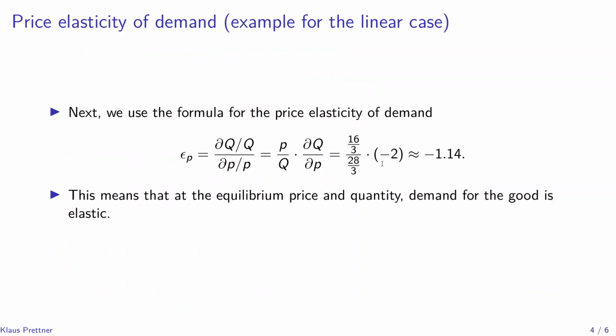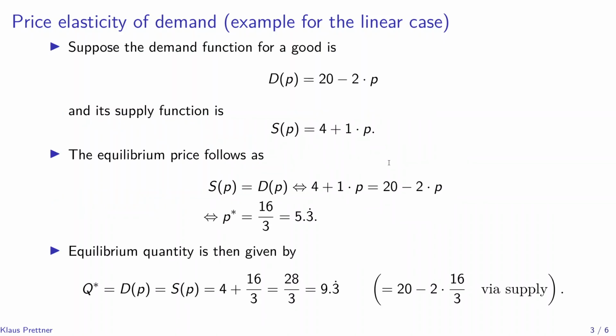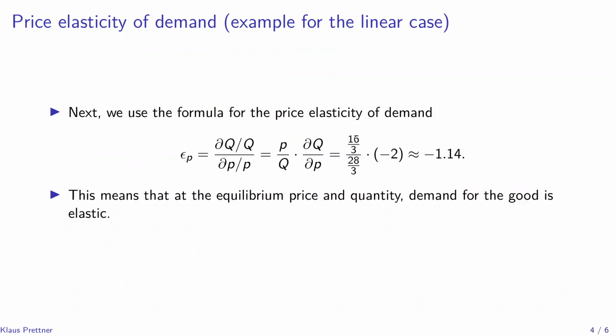And then we know the demand function itself. That was this expression. So if we take the derivative of quantity, the left-hand side, with respect to the price, we get minus 2. So we have minus 2 here. And if we multiply all these out, we would get a price elasticity of demand of minus 1.14.